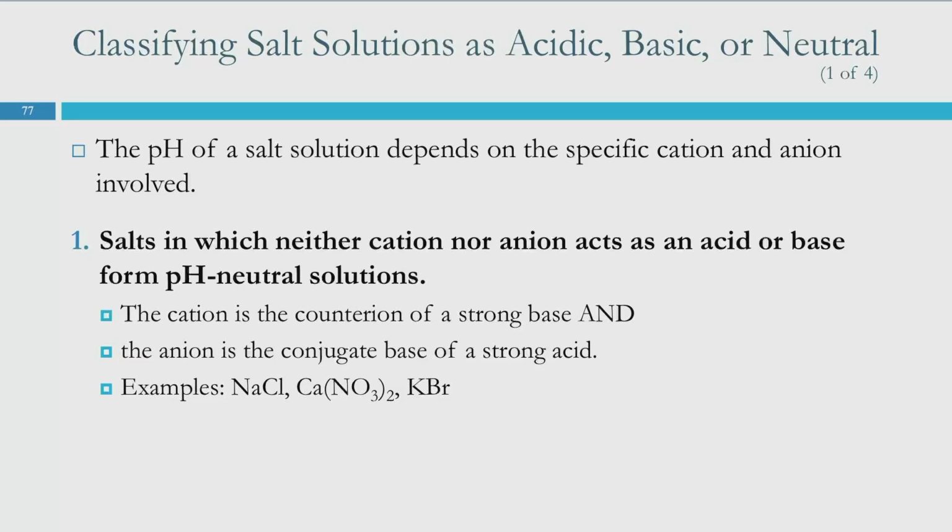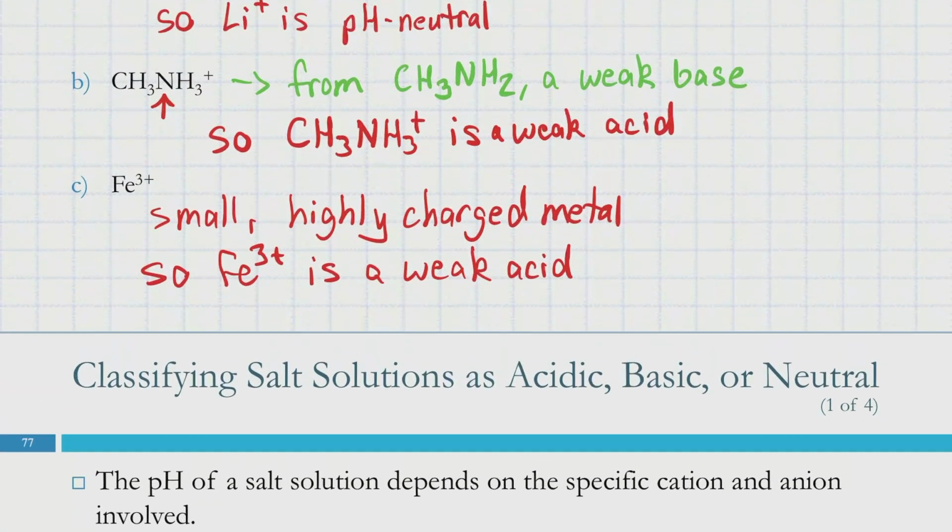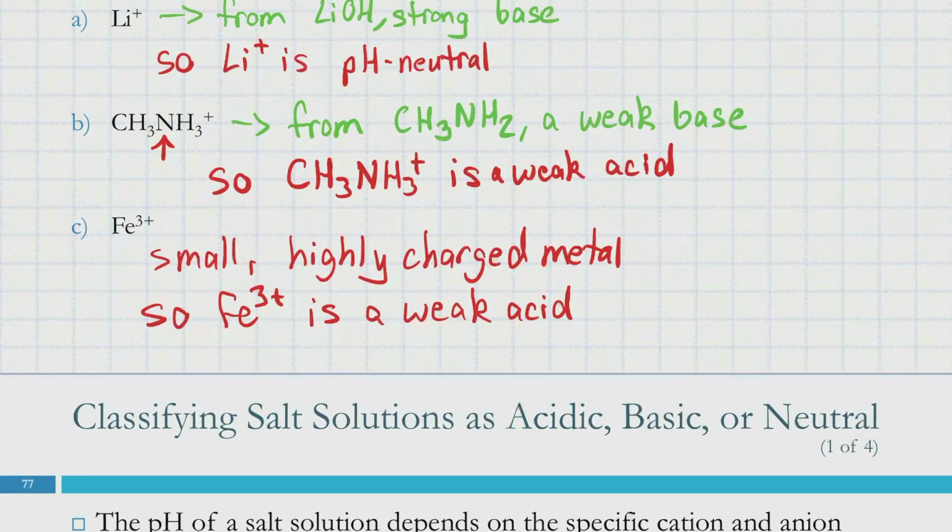Question? Does it matter that it's a transition metal? Is it just iron 3+, or could it be any? It's not just iron 3+. I would say probably any of your top row of transition metals, since we specified that it's small, highly charged metals. So if it's like a 3+ or higher, chromium is also in that top row. Chromium can form hexavalent chromium 6+, so I would expect that to also be weakly acidic. And then aluminum, which isn't a transition metal, would also be included with that.